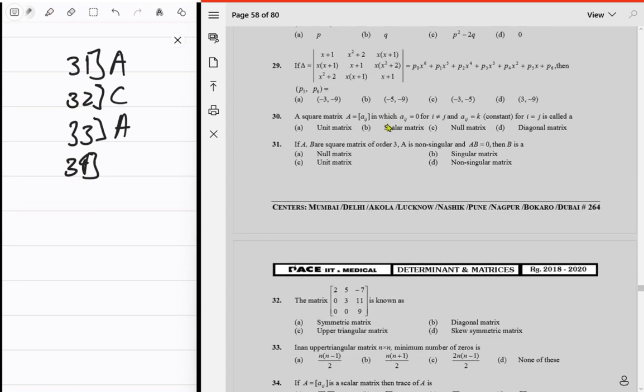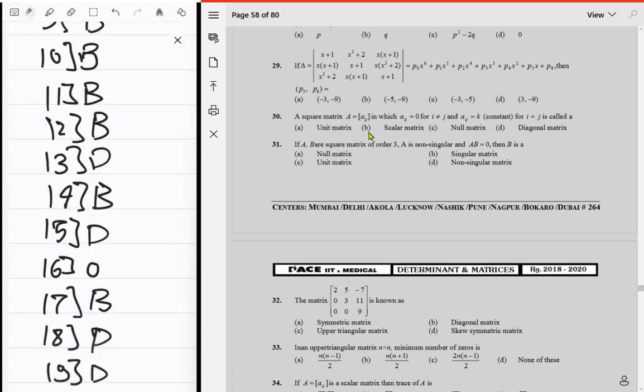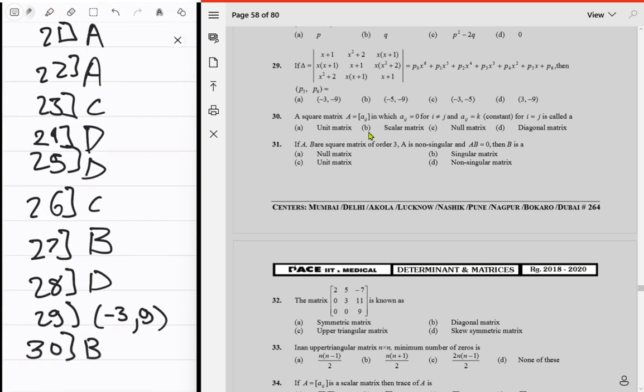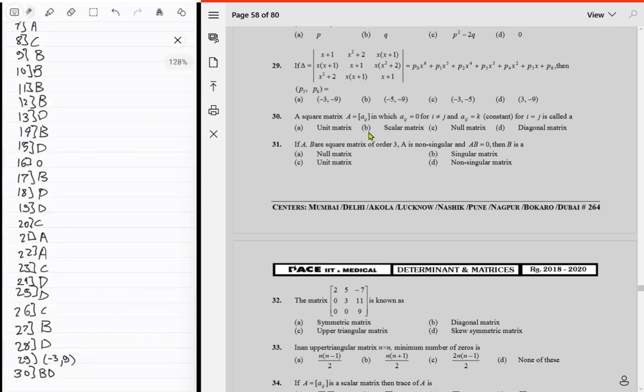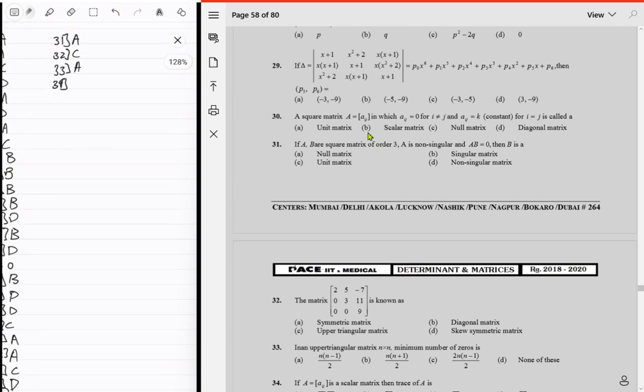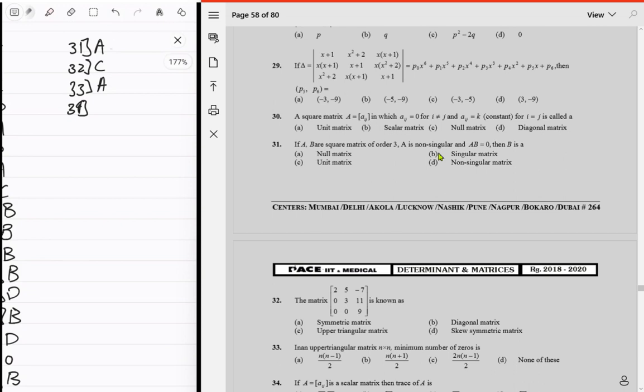Fine, whatever. So 30 had more than one correct answer. It's not just a scalar matrix, it's also a diagonal matrix, which is D. For 31, the null matrix is a singular matrix as well, so B is correct. Okay, 32.